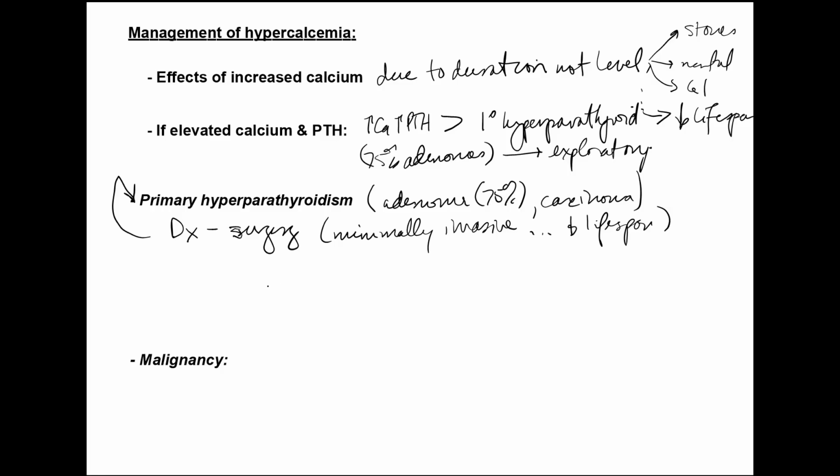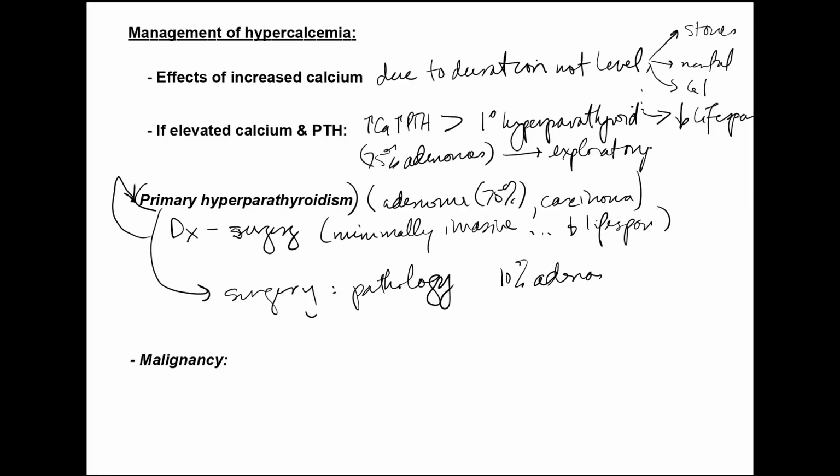Over your career, you're going to see a change to exploratory surgery and a definition of the disease by pathology. 10% of adenomas are associated with multiple endocrine neoplasia type 1. This is an autosomal dominant disease, so family history is an important part of all hypercalcemia workups.